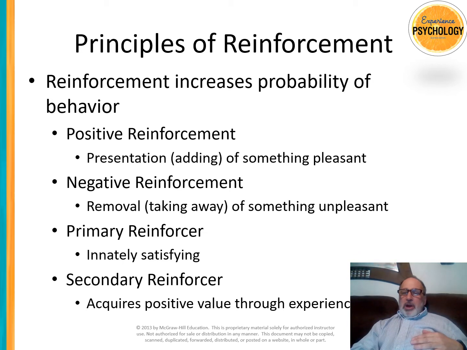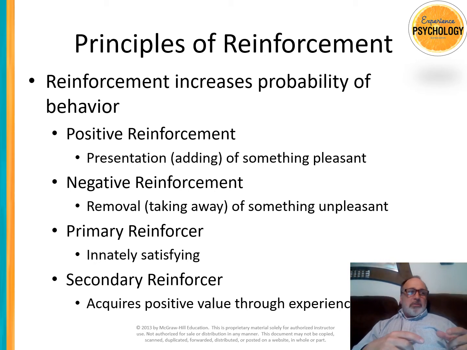So let me think of another secondary reinforcer. Praise would be a secondary reinforcer. They would have to learn the language. They would have to understand what this means. It would be done through learning. A pat on the back would be a secondary reinforcer. Money would be a secondary reinforcer.